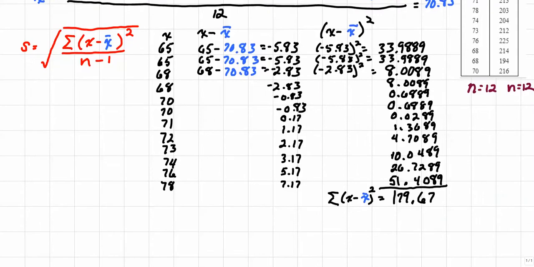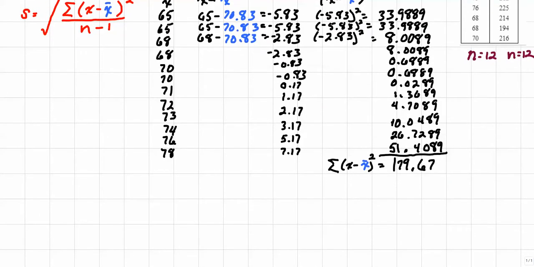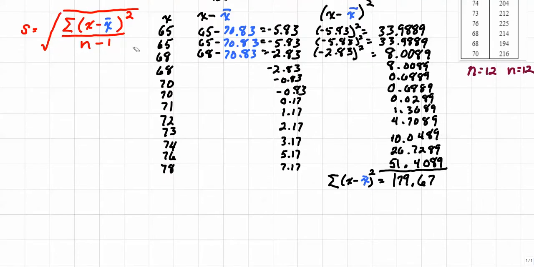Now we're going to go back to our original formula. Actually, we're going to use the formula for standard deviation, because we now know what sigma x minus x bar squared is, and we also know that n is 12. So our standard deviation is going to be this. We're going to take S, and that's going to be equal to the square root of 179.67 divided by 12 minus 1.